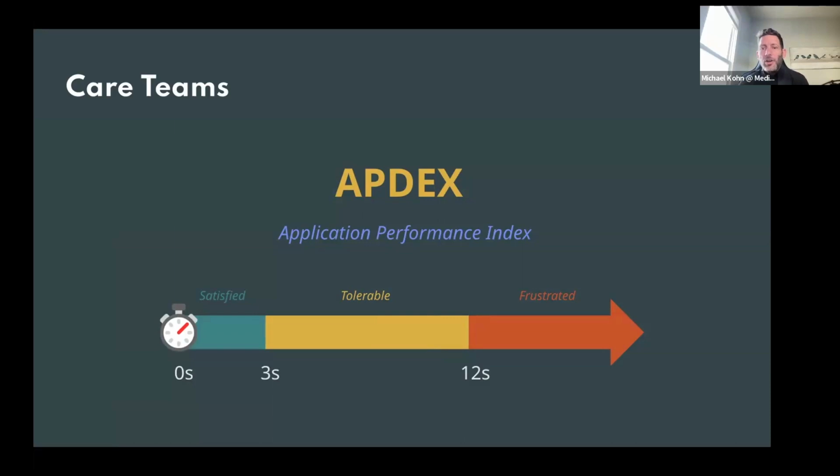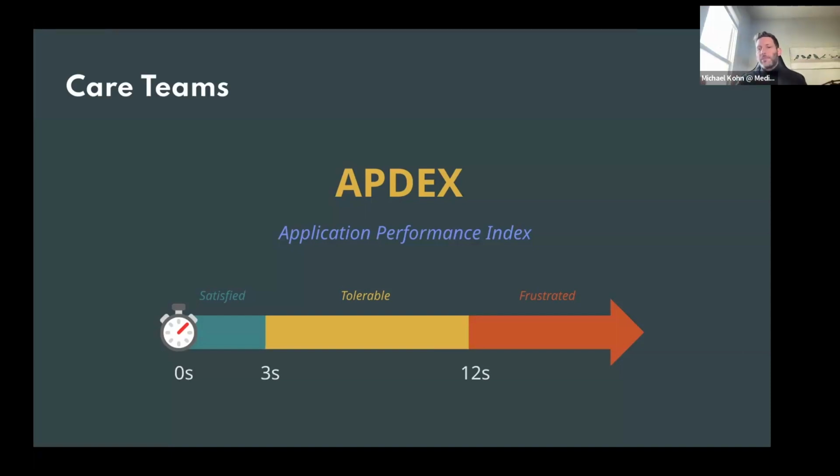There's been a lot of research done around user behavior, and it's generally accepted that users will be satisfied with your website as long as your web pages normally load within 3 seconds or less. And if web pages consistently take longer than 12 seconds to load, users are very likely to be frustrated and will abandon the website.